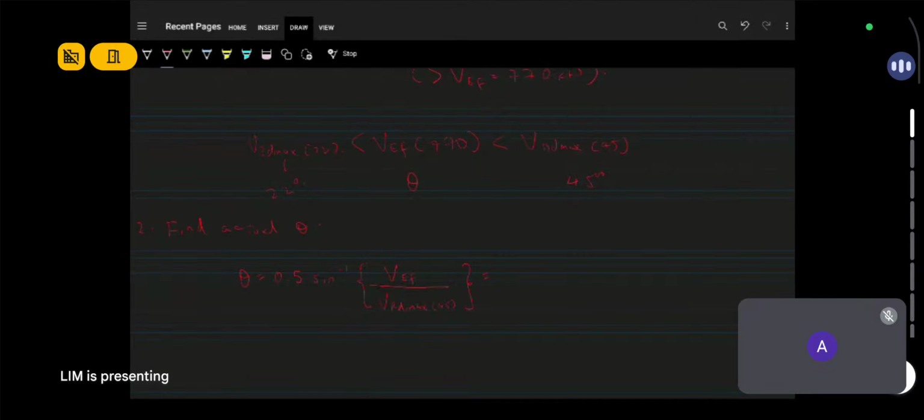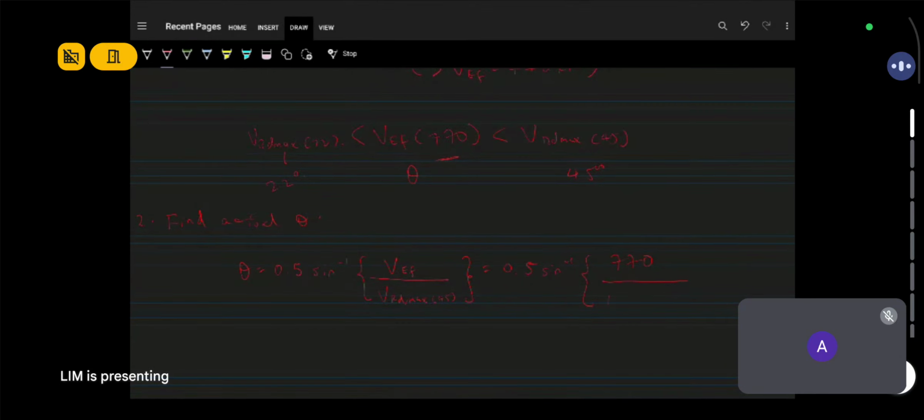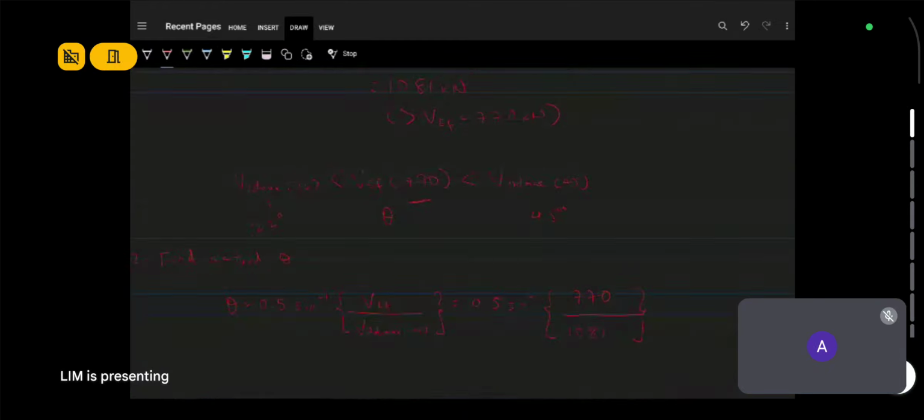So 0.5 times inverse sine, VF is 770, VRD max is 1081.